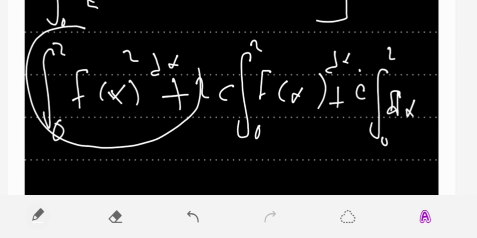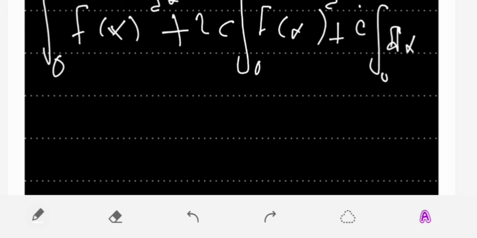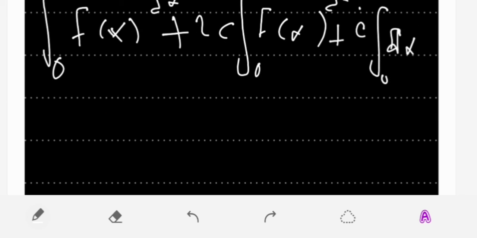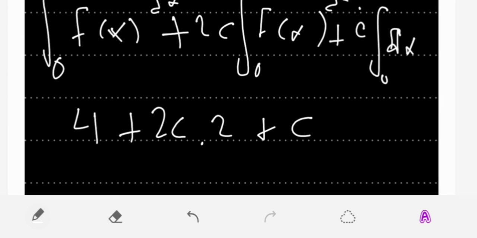Now look, this is the first condition. The integral of f of x is the second condition. The integral of f of x squared from 0 to 2 is 4, plus 2c multiplied by the integral of f of x from 0 to 2, which is 2, plus c squared multiplied by the integral of dx, which is x, and x varies from 0 to 2, so it's going to be 2.